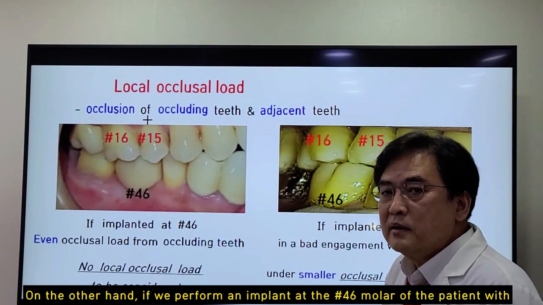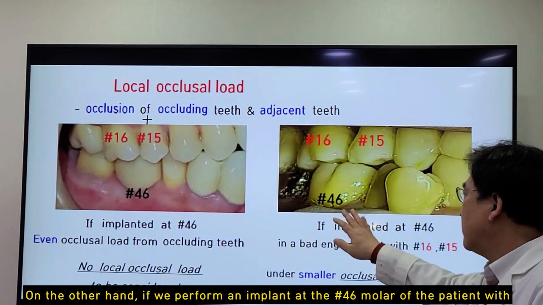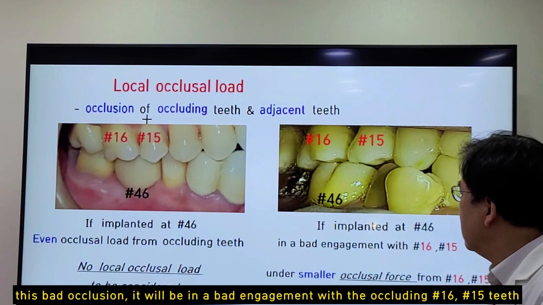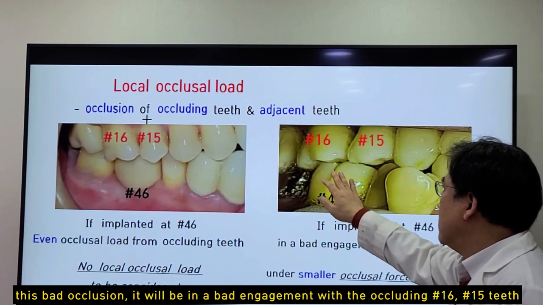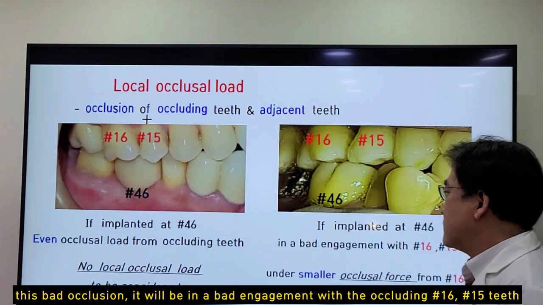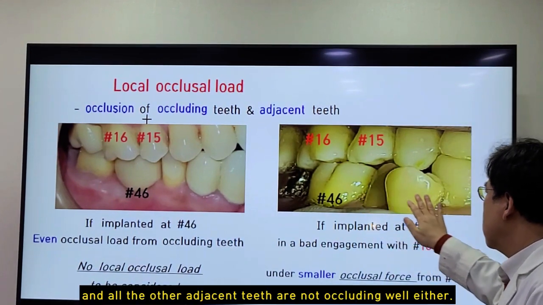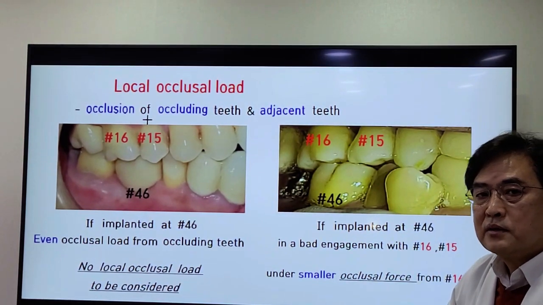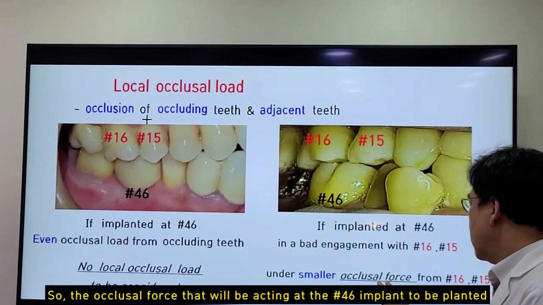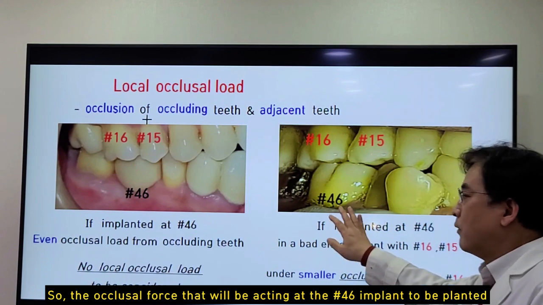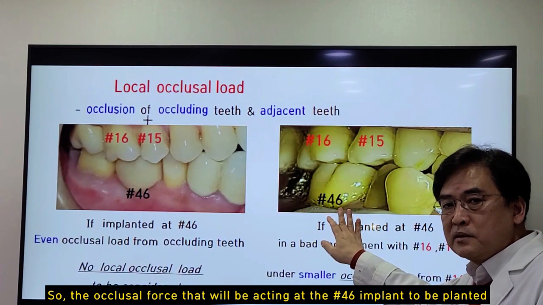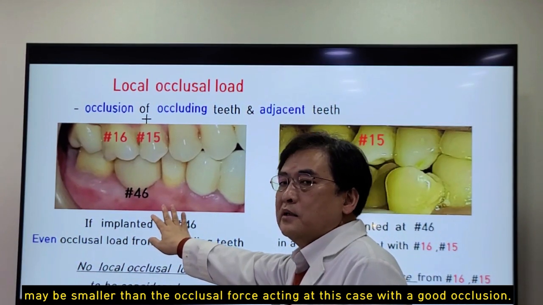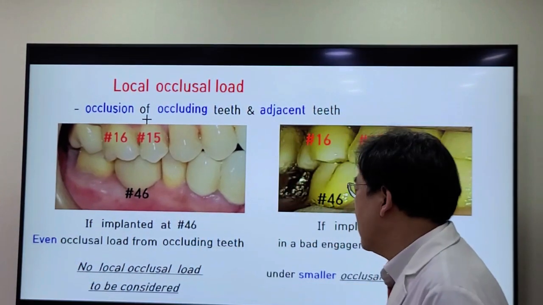On the other hand, if we perform an implant at the 46 molar of a patient with bad occlusion, it will be in bad engagement with the occluding 16-15 teeth, and all the other adjacent teeth are not occluding well either. So the occlusal force acting at the 46 implant may be smaller than in the case with good occlusion.